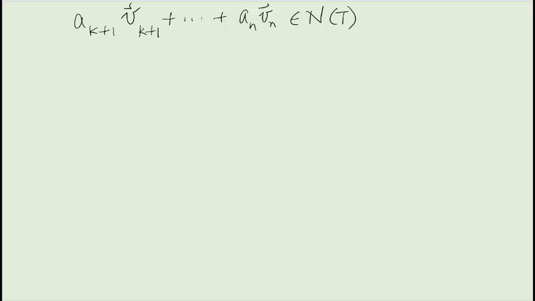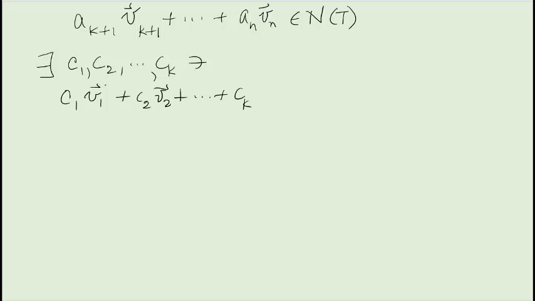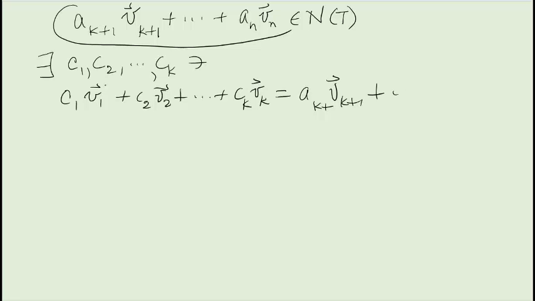So this must mean that there exist scalars, let's call them C1, C2 through C sub k, such that C1 V1 plus C2 V2 plus C sub k V sub k is equal to this that we said was in the null space, a sub k plus 1 V sub k plus 1 plus a sub n V sub n.